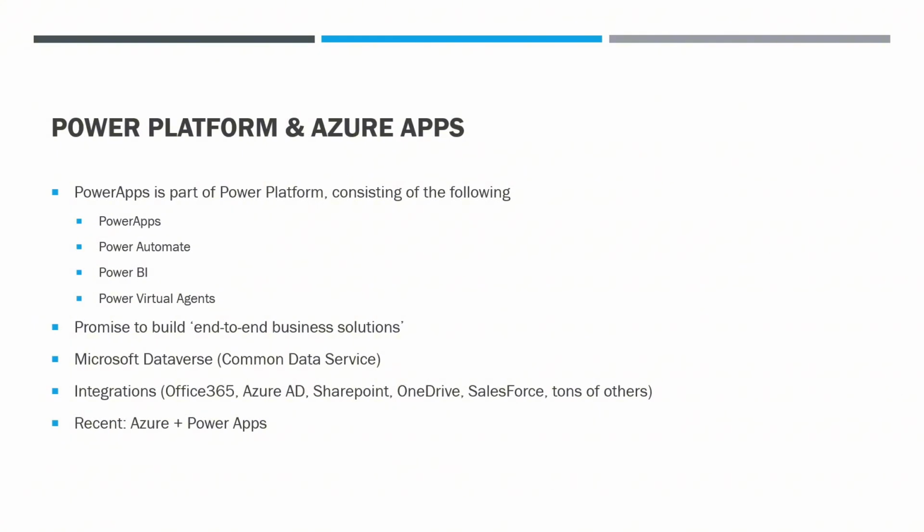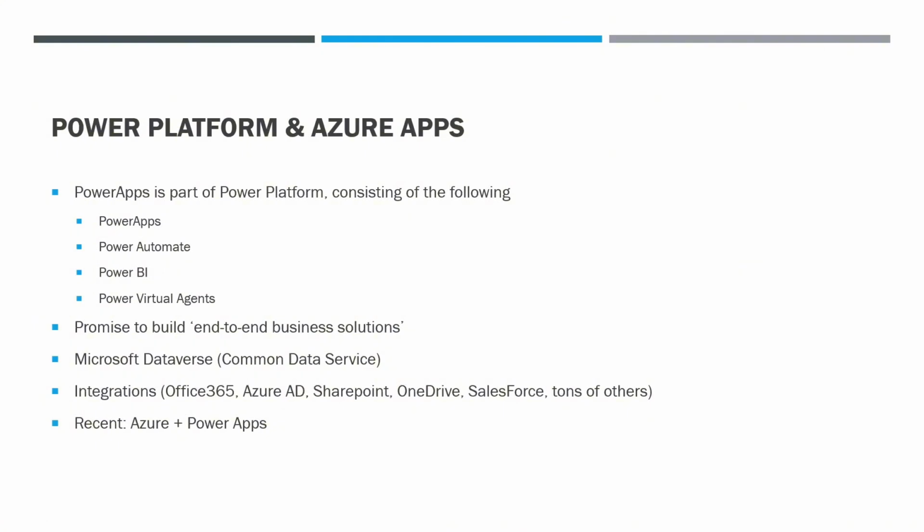Power BI also uses some machine learning as well. So if you have a model or data, you can carry out some machine learning algorithms as well. Okay. And Power Virtual Agents is something that is new. That is the chatbots that is included in the whole package.